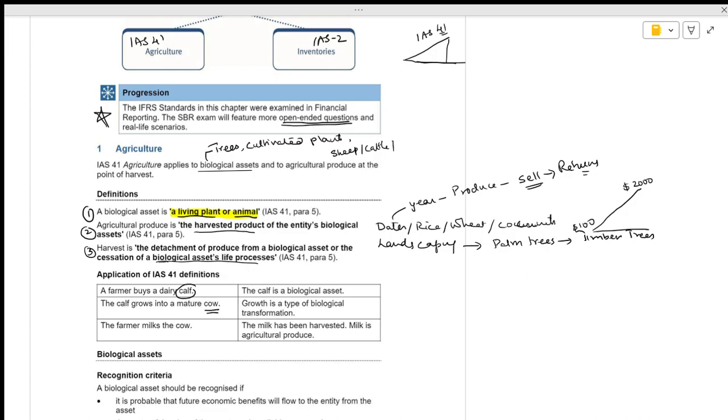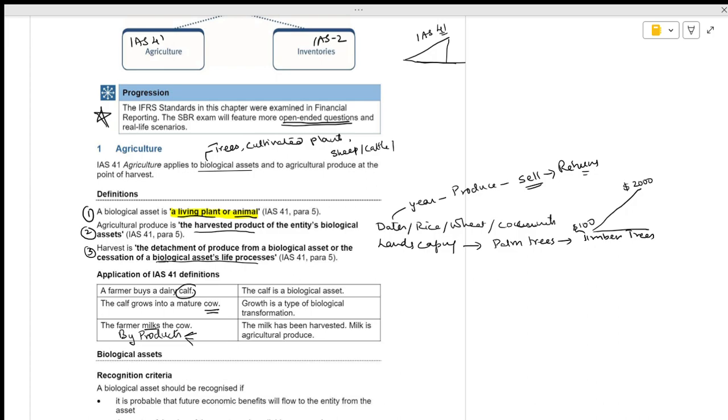They will milk the cow and get the byproducts of the milk, or they will sell the meat of the product also. It happens in both the cases.